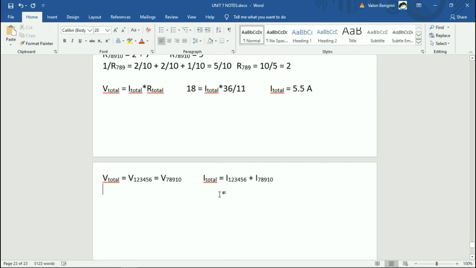It's summative. So V123456 equals V1 plus V2345 plus V6. And I123456, again, in series, what is it? It's equal. So it should therefore mean that I1 equals I2345 equals I6.